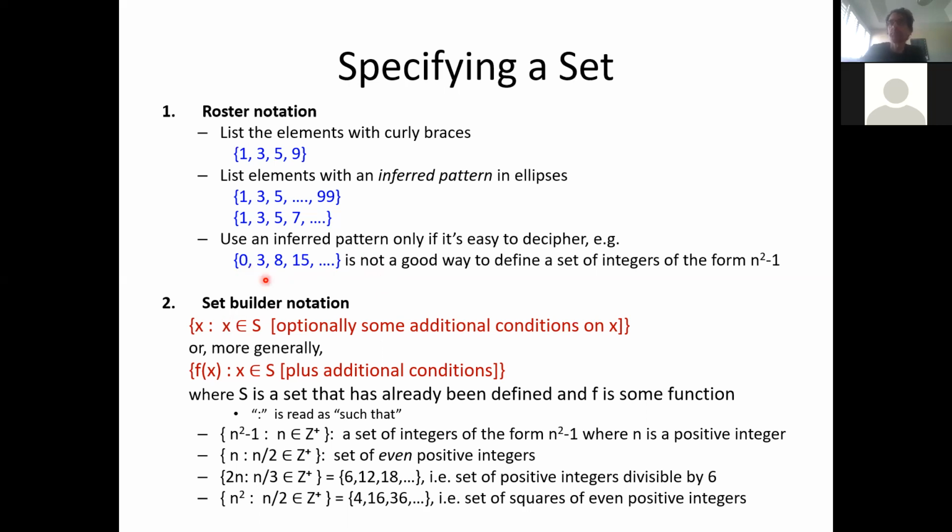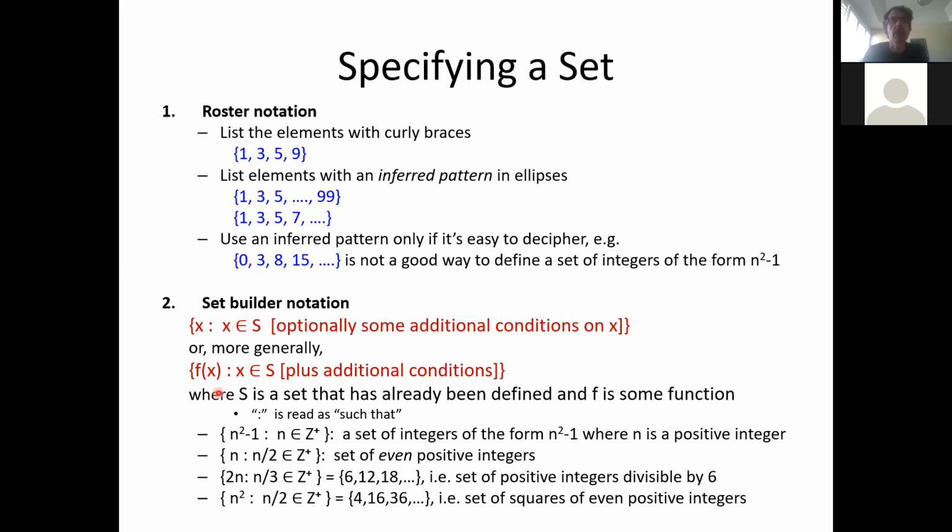In order to build sets in a more general way, we use the so-called set builder notation. It's like this: curly brackets as before, but instead of listing all elements explicitly, you say x such that x satisfies some condition. So for example, here is a set builder notation.